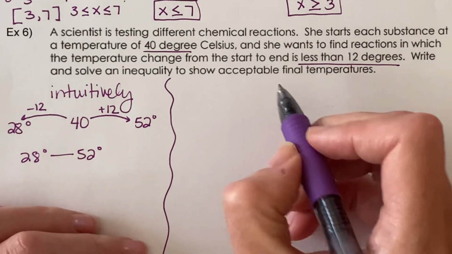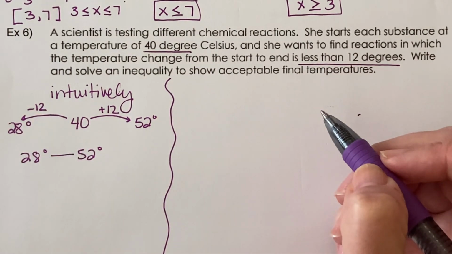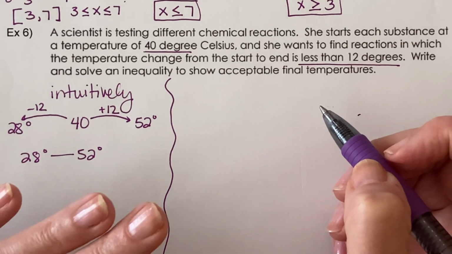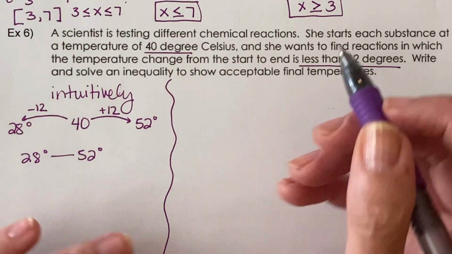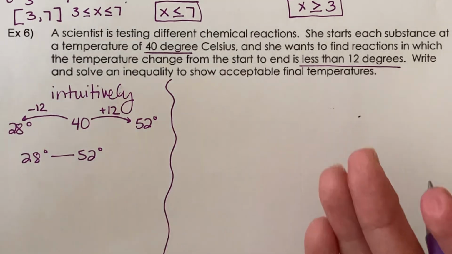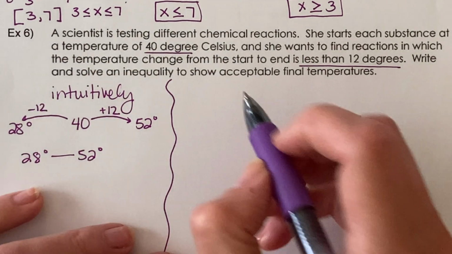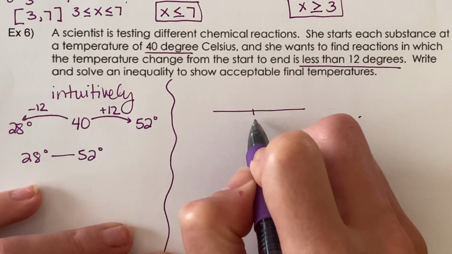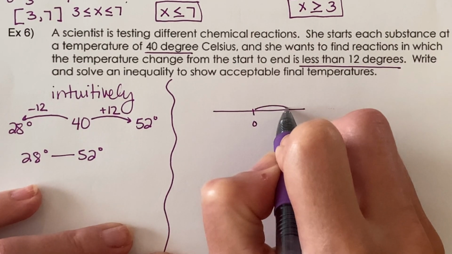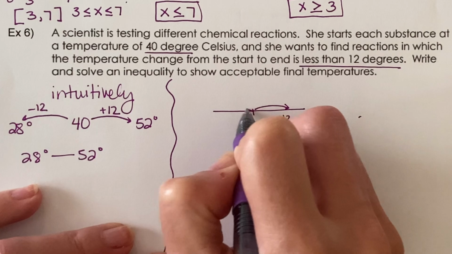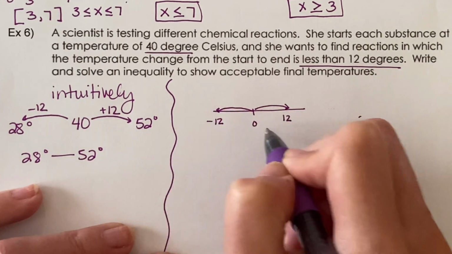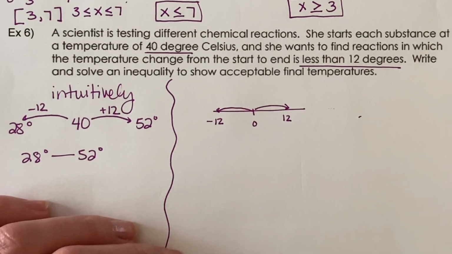Well, I'm actually starting at 40 degrees, but everything that I've been working with thus far is starting at steps away from 0, not steps away from 40. So I'm just going to start here. I'm looking at 12 steps away from 0, not 12 steps away from 40.